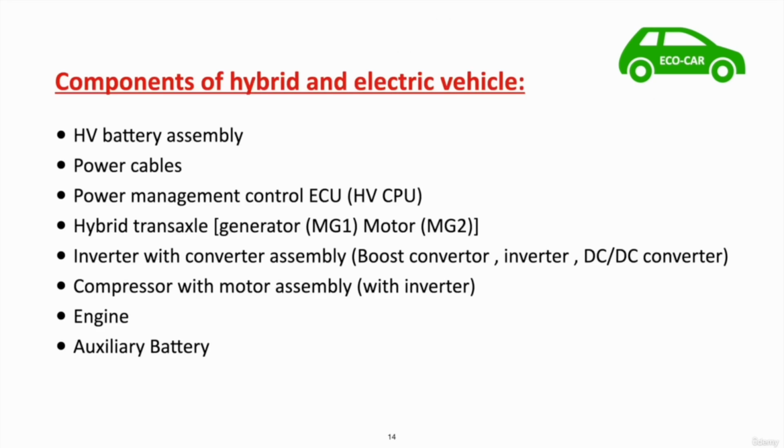So these are the components of hybrid and electric vehicles. The first one is HV battery assembly, second one is power cables, third is power management control ECU or HV CPU. Next we have hybrid transaxle, which has a generator known as MG1 and a motor known as MG2.